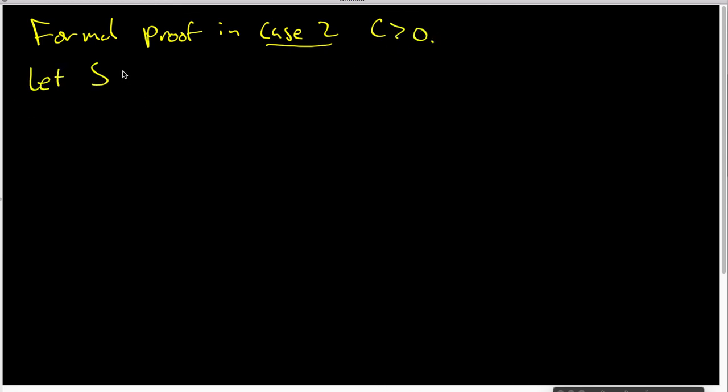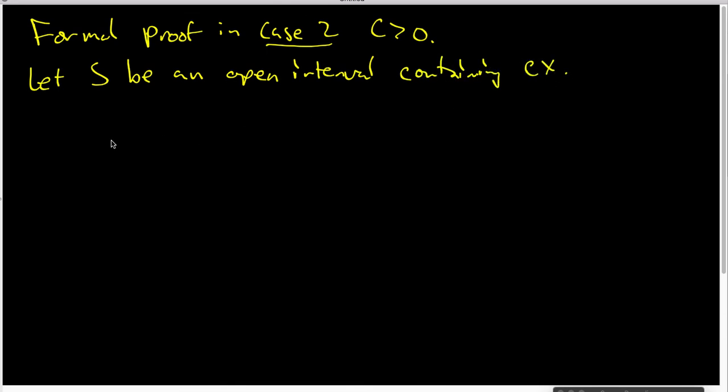So the formal proof in case 2, which is C is bigger than 0. We're going to let S be an open interval containing the point Cx.